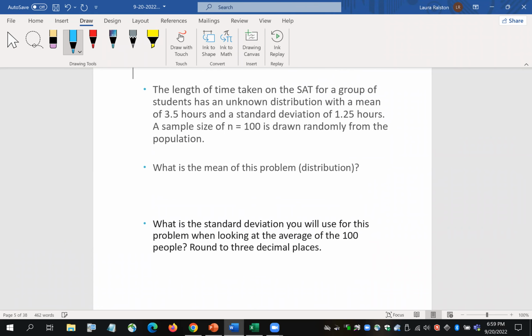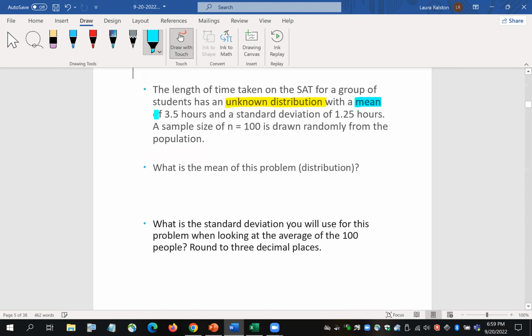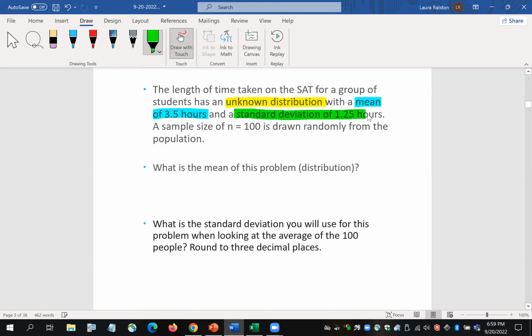Okay, it says, the length of time taken on the SAT for a group of students has an unknown distribution with a mean of 3.5 hours and a standard deviation of 1.2 hours.